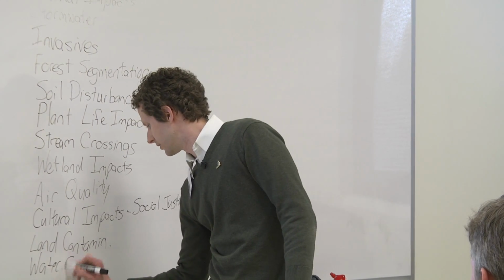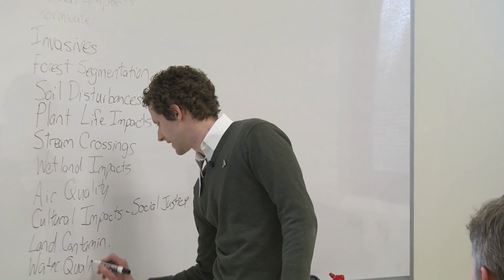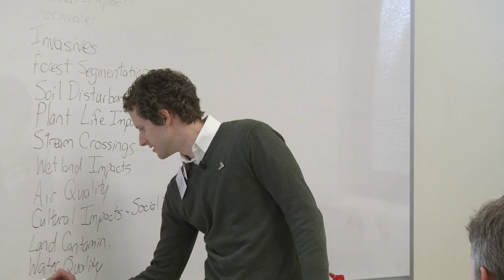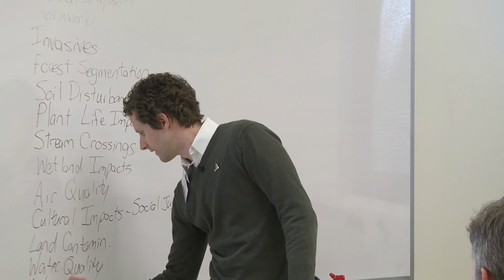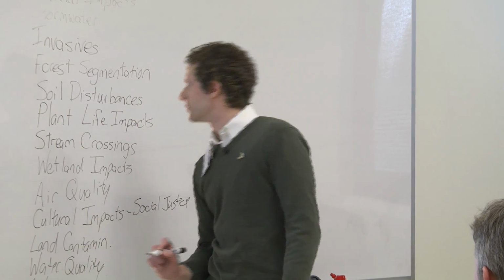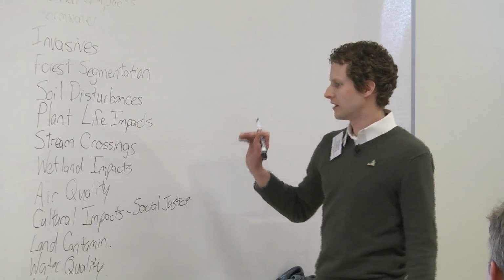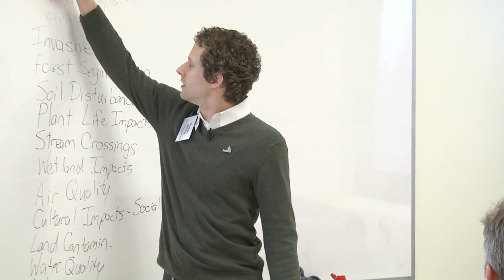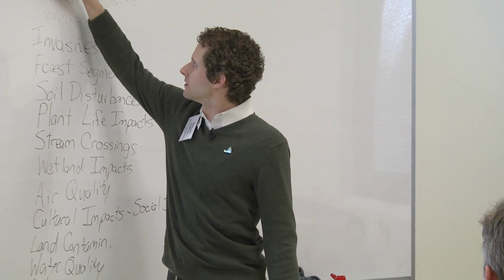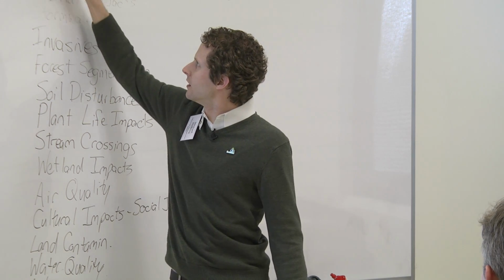All right. We could probably do this for the rest of the hour, but we'll stop here. The one thing I do want to add, and it came up a little bit here, is greenhouse gas, climate change sort of a thing.